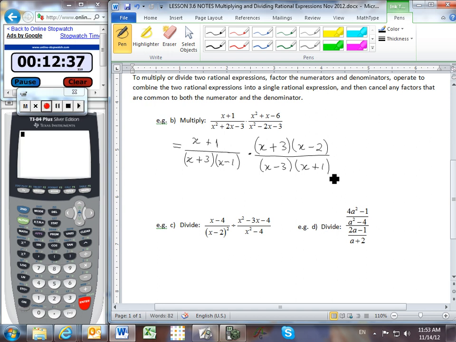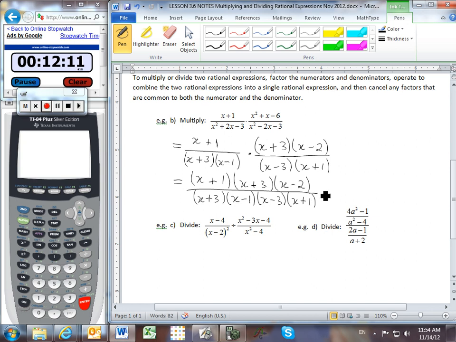Now if I combine these into a single expression, then my new numerator is (x plus 1)(x plus 3)(x minus 2), and my new denominator is (x plus 3)(x minus 1)(x minus 3)(x plus 1).